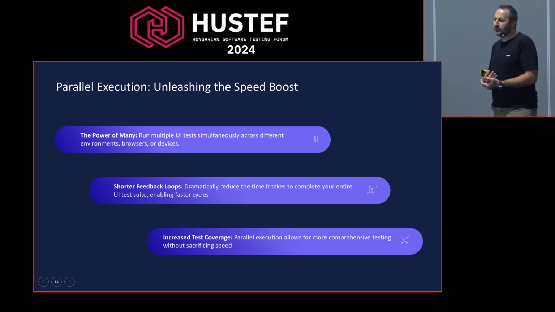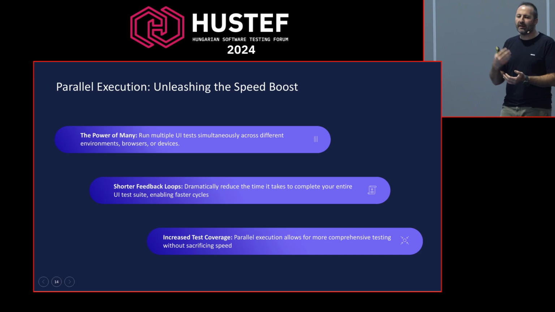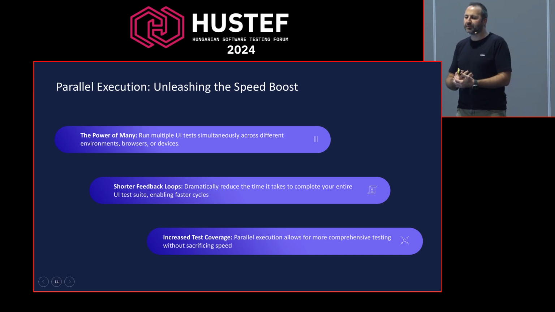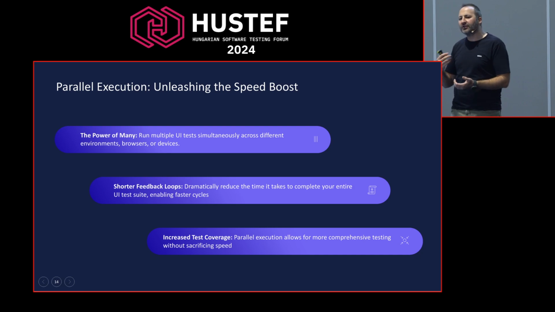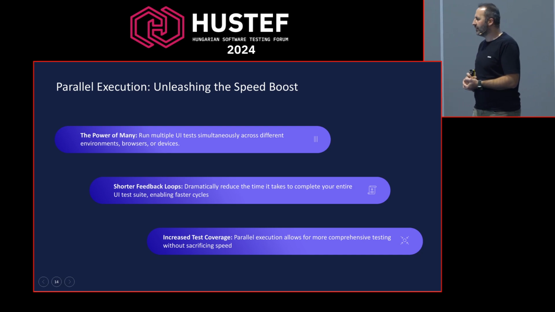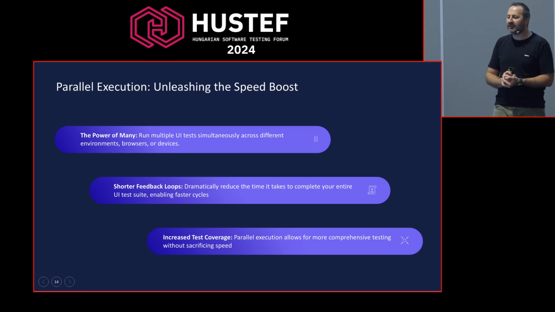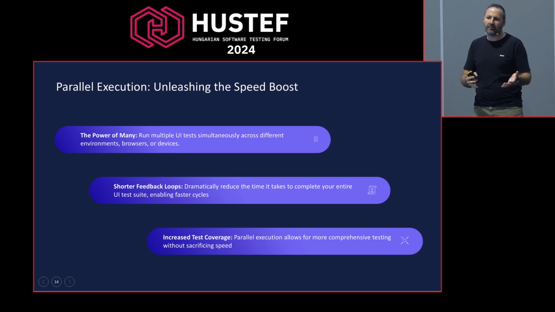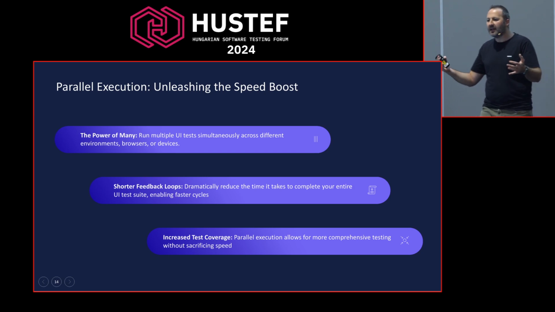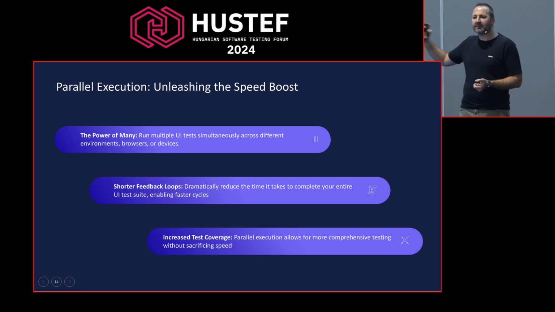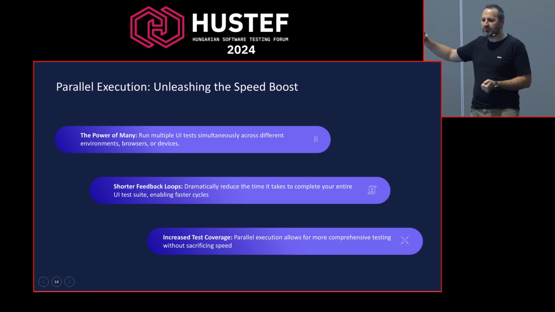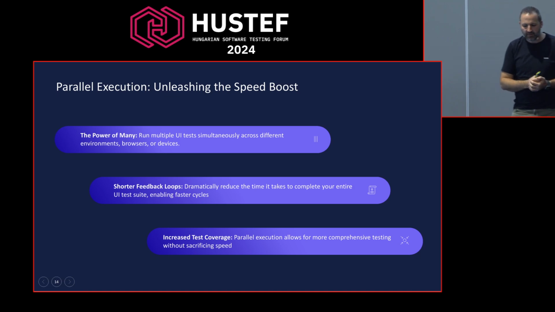Shorter feedback loops are very important, because whenever a developer makes a change, the sooner they get feedback on it, the cheaper it will be to fix all the problems. There is research that finding problems within the development lifecycle is more than 100 times cheaper than finding the same problem during regression or after it went to the customer.